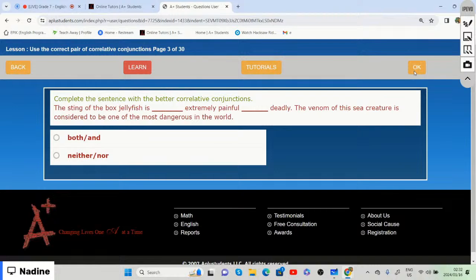All right, the sting of the box jellyfish is both extremely painful and deadly.